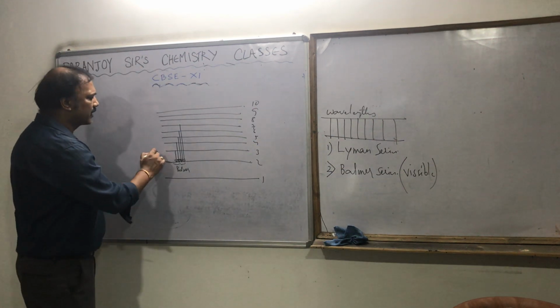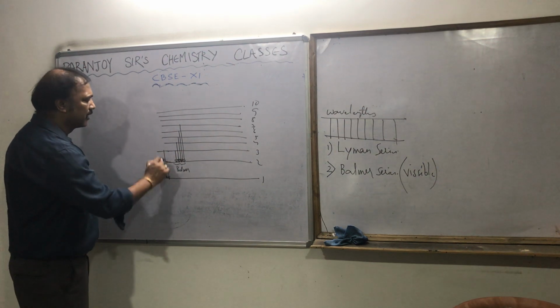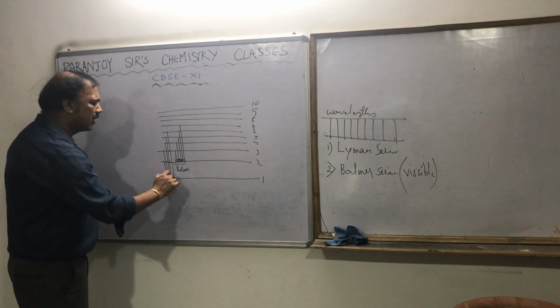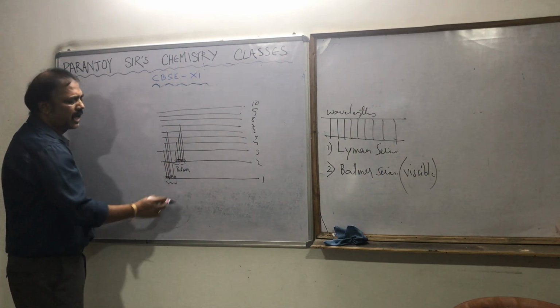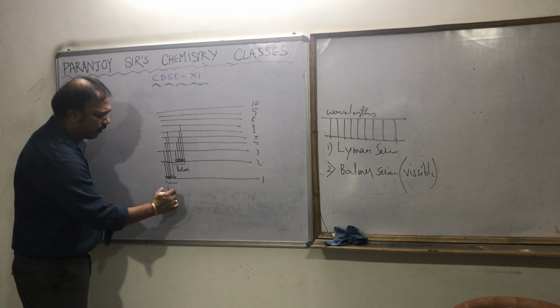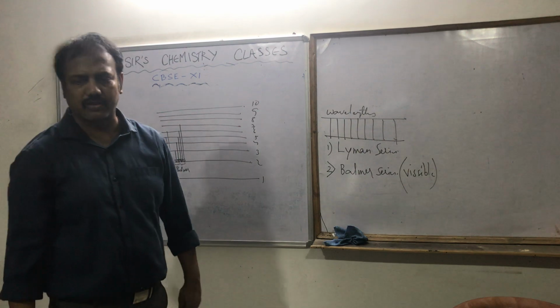The electron is jumping to the first from 2, from 3, from 4, from 5. All these lines come in one series, and that particular series is called the Lyman series.